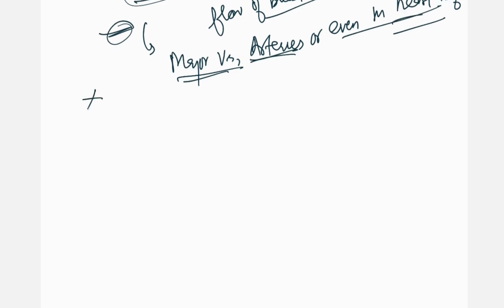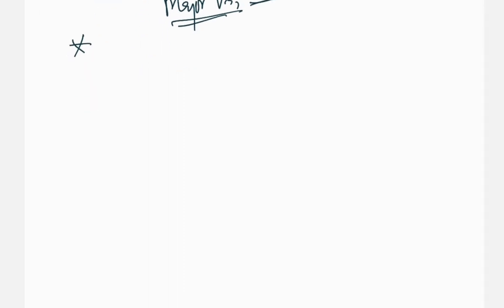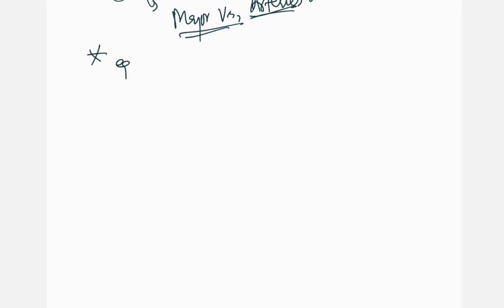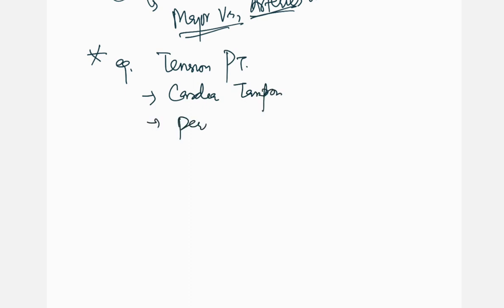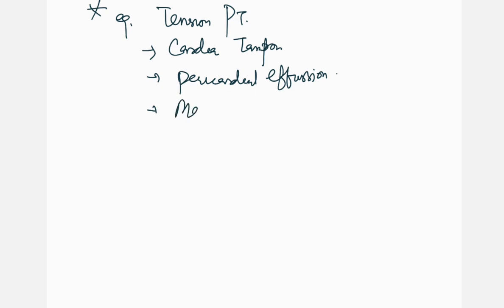And the main etiologies which can cause this obstruction are, for example, tension pneumothorax, cardiac tamponade, pericardial effusion, mediastinal tumors, and even pulmonary embolus.